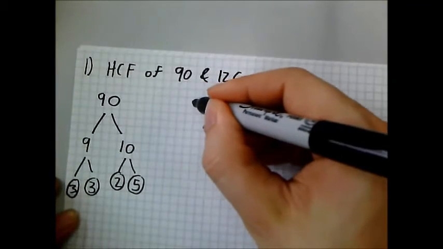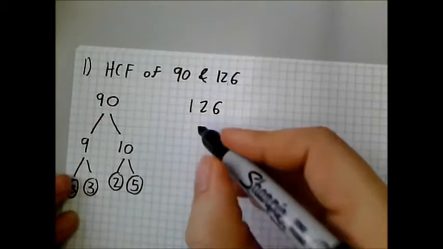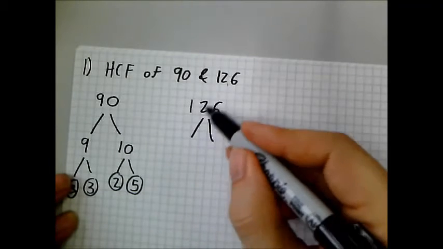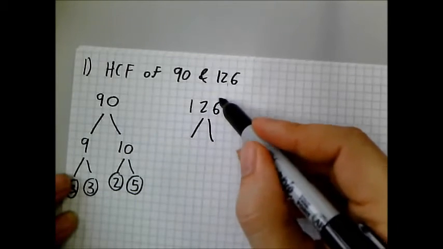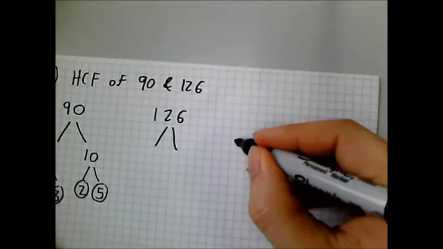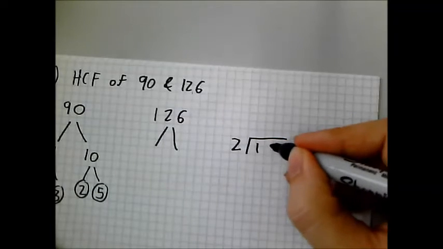We'll do the same for 126. Now, I'm not allowed a calculator for this, so I need to be careful. I can tell that 2 goes into this because it has an even number at the end. So let's make it easy for ourselves and divide by 2. If you want to, you can use your bus stop method.